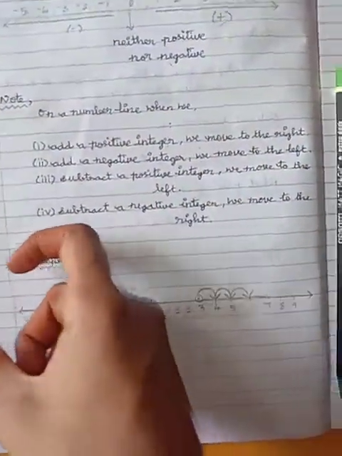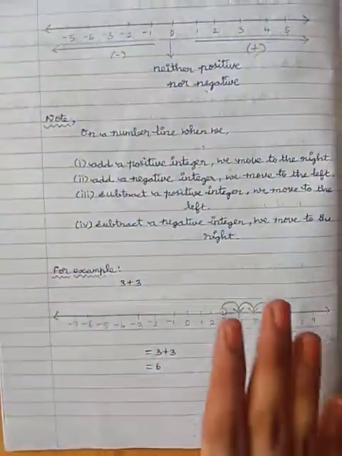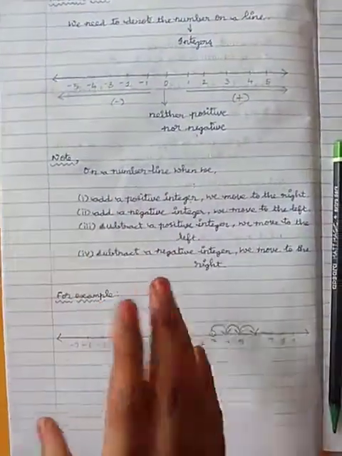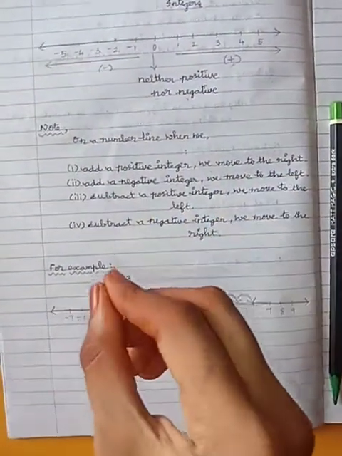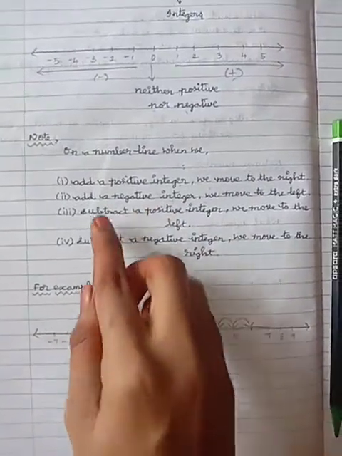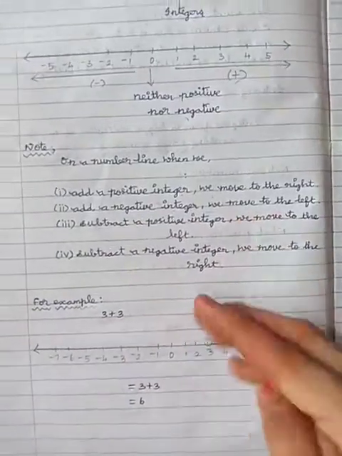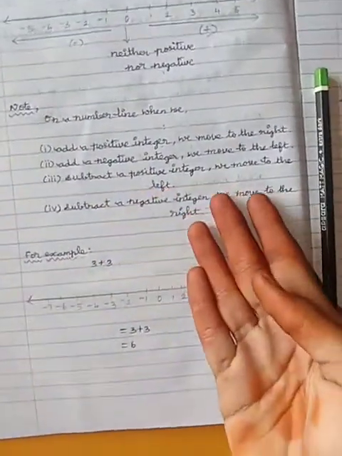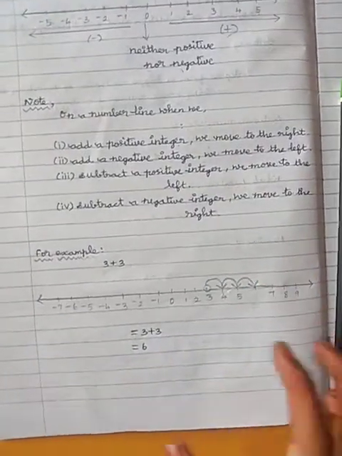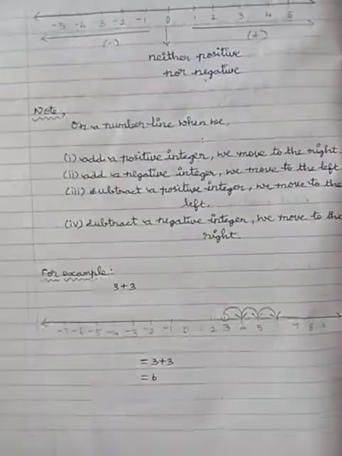Here directions are very important. When we add a negative integer, we move to the left. When we subtract a positive integer, we move to the left. When we subtract a negative integer, we move to the right. So this is the note.